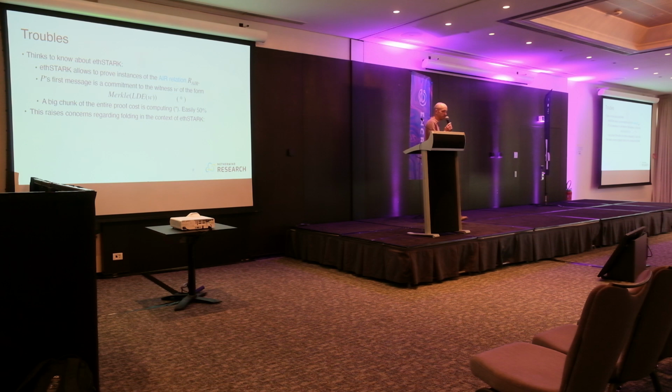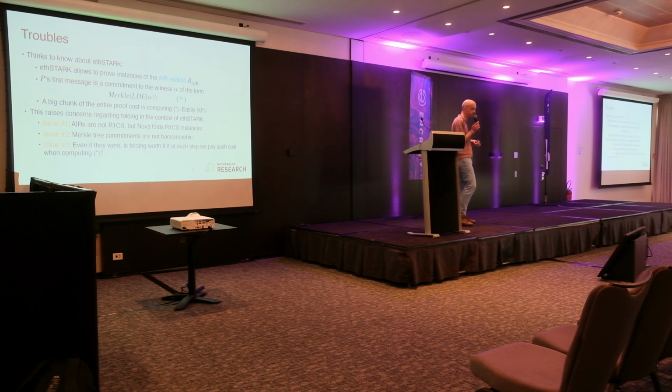These considerations raise some concerns about folding in the context of STARKs. First, AIRs are not R1CSs, and we saw that Nova folds R1CSs. So that's the first concern. Second, here we are using Merkle trees to commit to the low-degree extension of W, but Merkle trees are not homomorphic, so that's another issue.